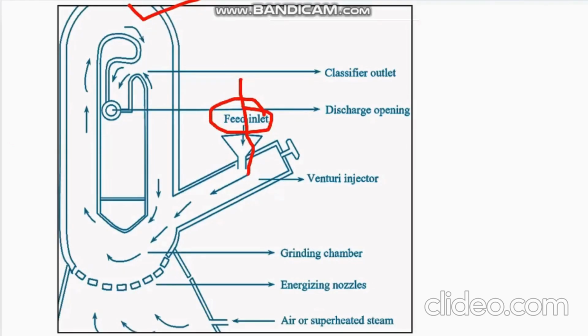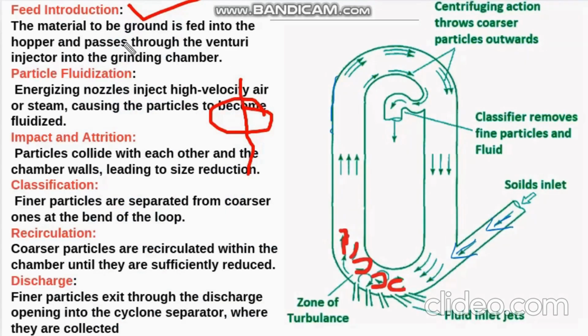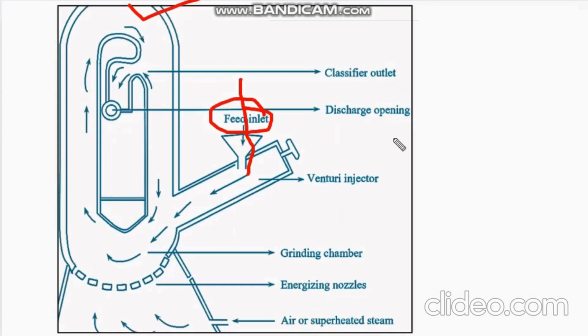The material which is subjected to the grinding process is introduced through the hopper and passes through the venturi injector into the grinding chamber. So the sample is introduced through the feed hopper, and the venturi injector will control the sample movement to the grinding chamber.